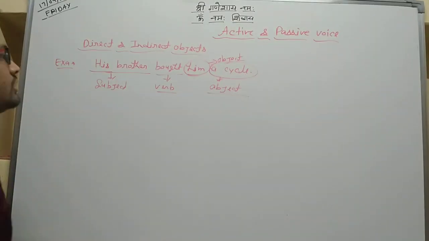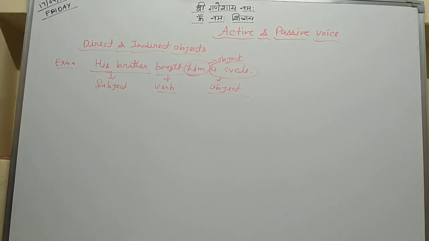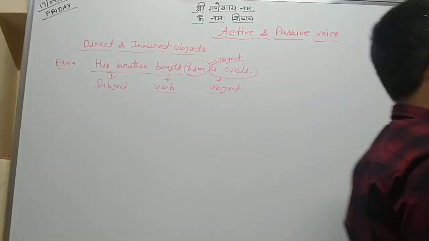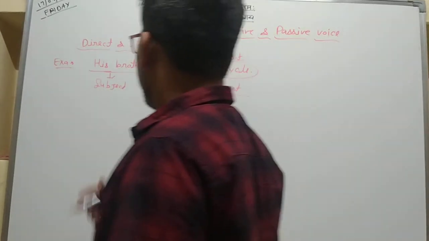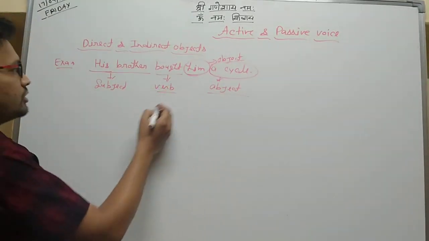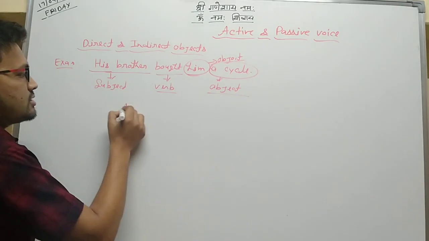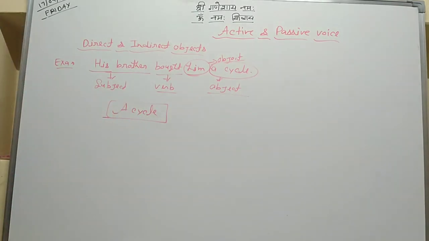We can see that here, him is an object and cycle also is an object. But what is the main object? His brother bought what? A cycle.